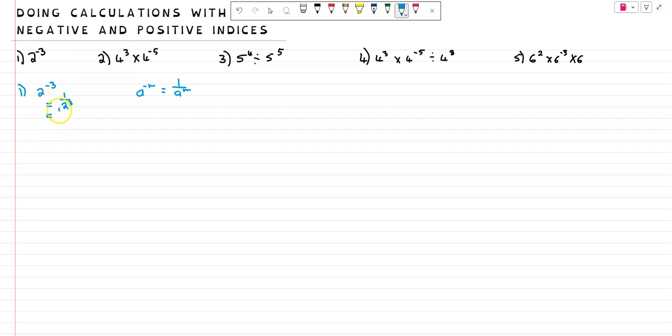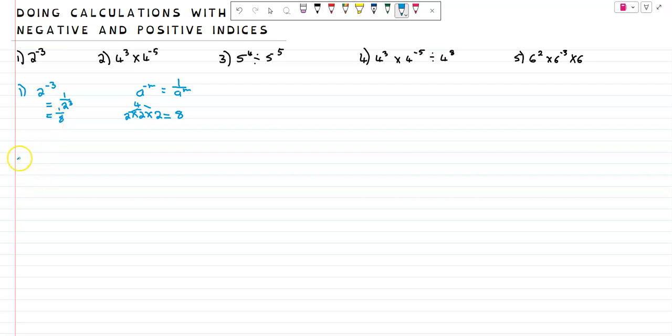What is 2 to the power of 3? 2 times 2 times 2. 2 times 2 equals 4, and 4 times 2 equals 8. So then we have 1 over 8, and there we have our answer.